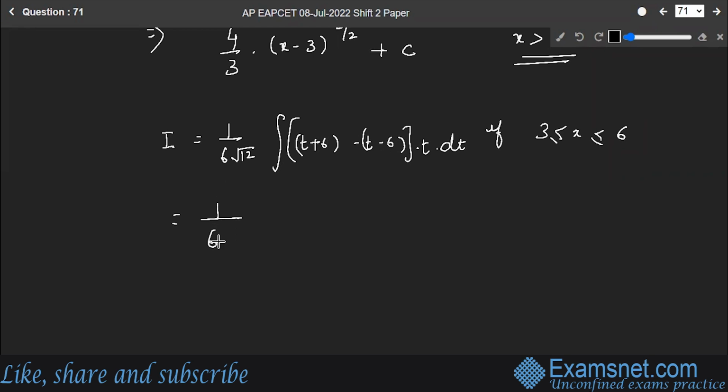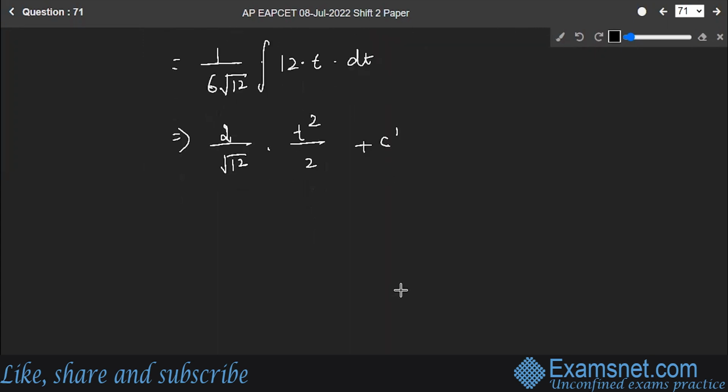So this is equal to 1 upon 6 root 12. Now the t's will cancel and you will have integral of 12 t dt. So 12 will be taken outside. You will have 2 upon root 12 into integral of t, which will be t square by 2 plus c dash.